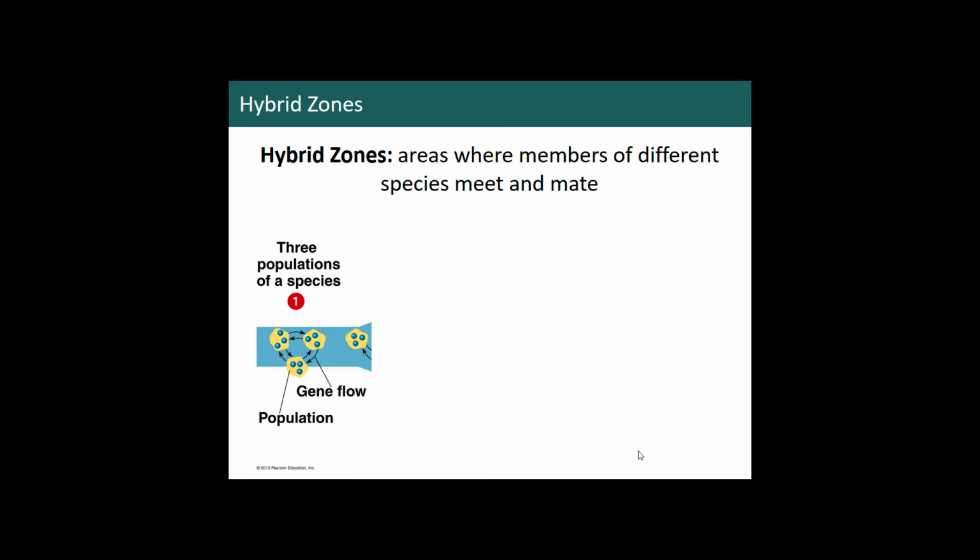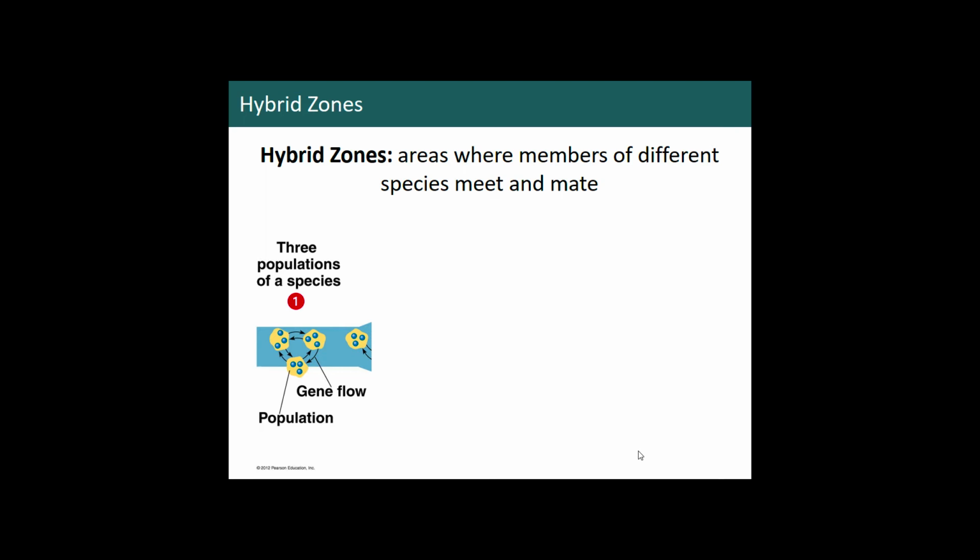A hybrid zone is any area where members of different species are able to meet and mate. So they're able to come together. In this example, we have 3 populations of the same species. Those populations are mostly separate, but every now and then an individual from this population goes here or here, and individuals from this population go here or here. Because there's some individuals moving between those populations, they're all interconnected.